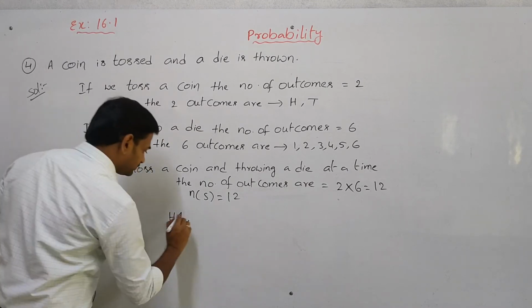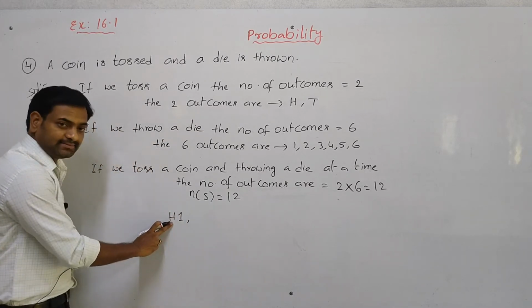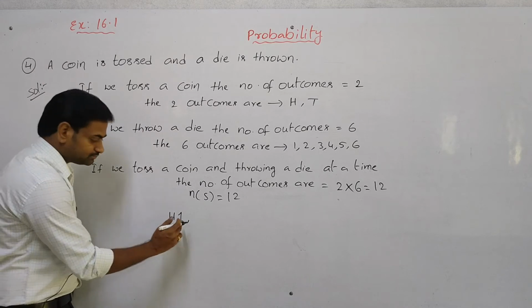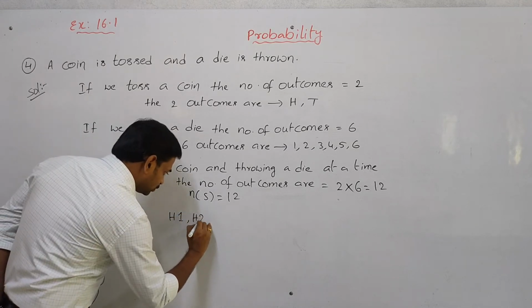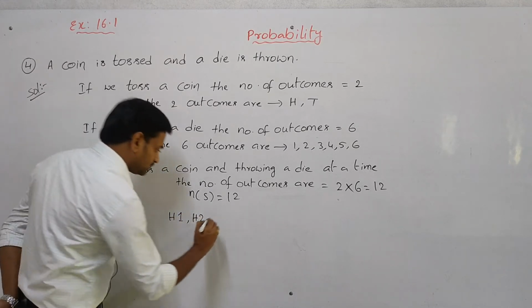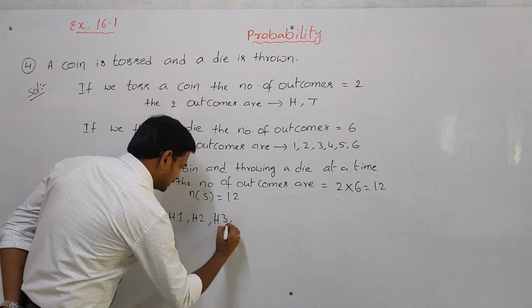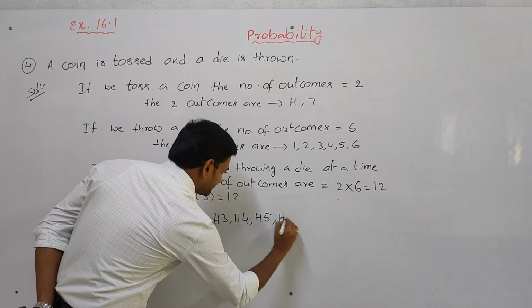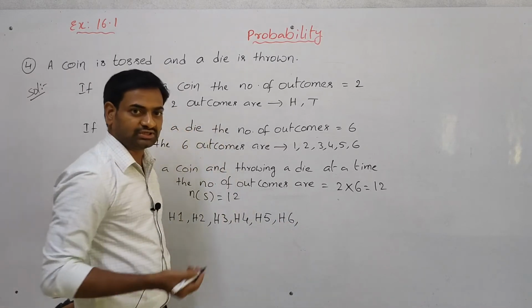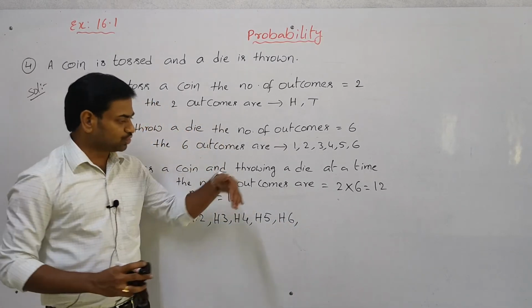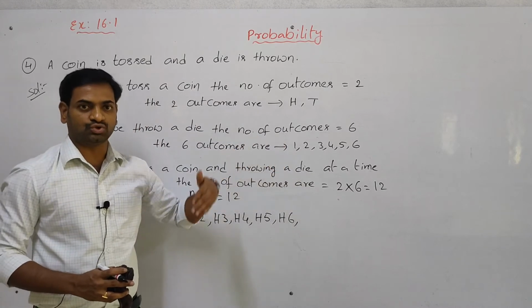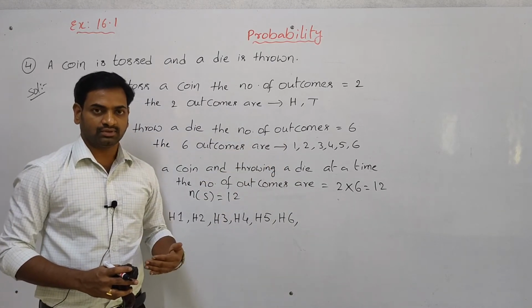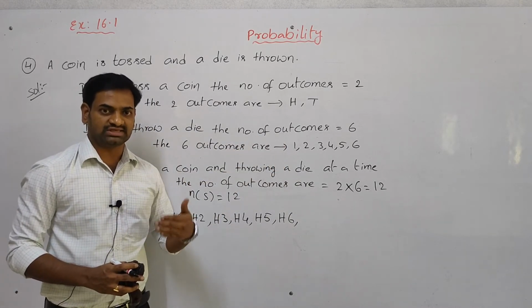So that's why I am writing H1. It is tossing a coin, throwing a die. Next, with head 2, H3, H4, H5, H6. That's it. There is no 7th term, there is no 7th face on the die. Maximum faces are 6 only.